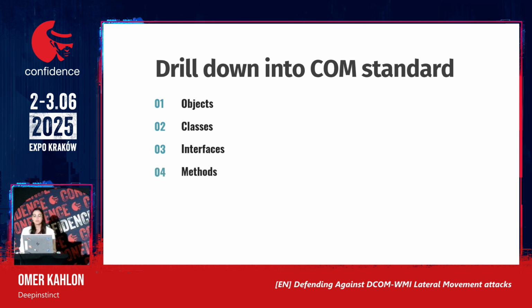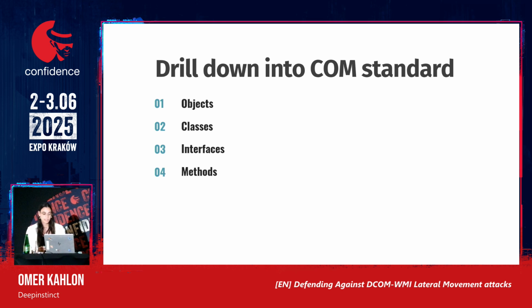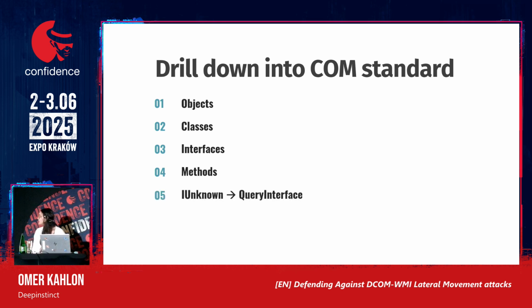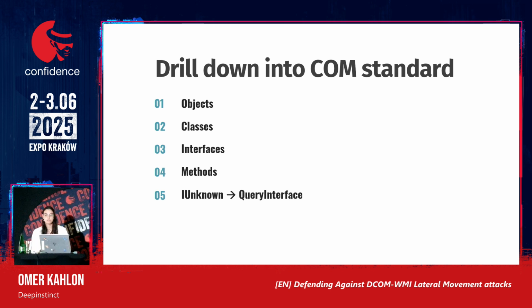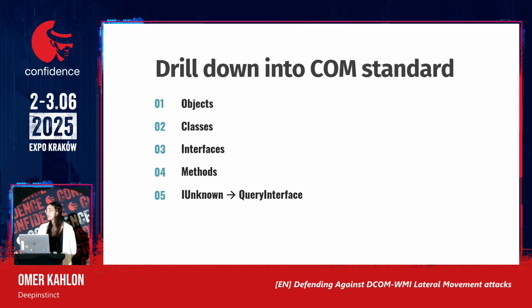Lastly, we have the method, which is a functionality that an interface provides, like write file or run file. One important interface is the IUnknown interface. All COM interfaces inherit from this interface. And one important method of this interface is the QueryInterface method, which returns a pointer to a requested COM interface if the COM object supports it.